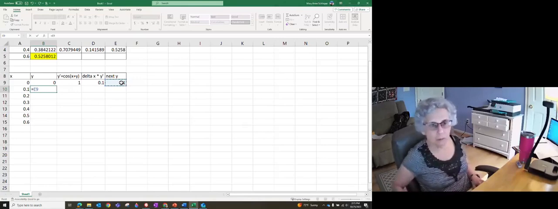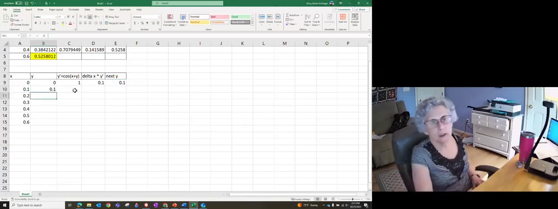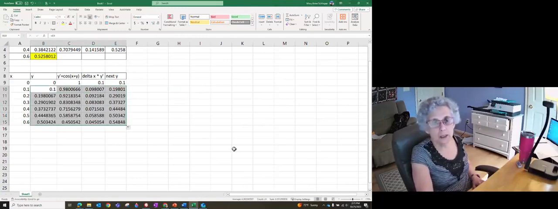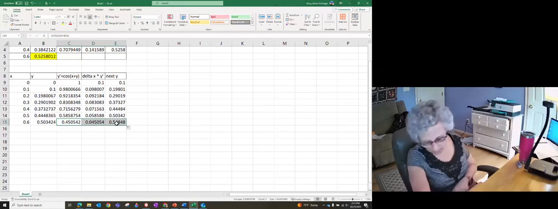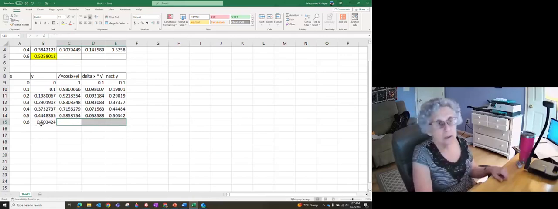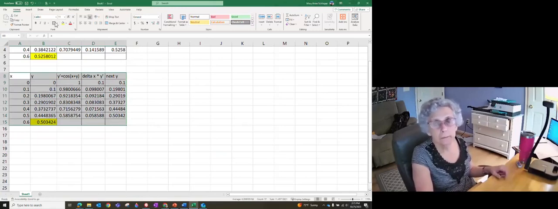It's equal to that one. I have to highlight these three, copy them down. I highlight all of them. I can just double click and it fills in the whole thing, but then I don't need these because I only need this answer right here. And you can see it's getting better and better every time.